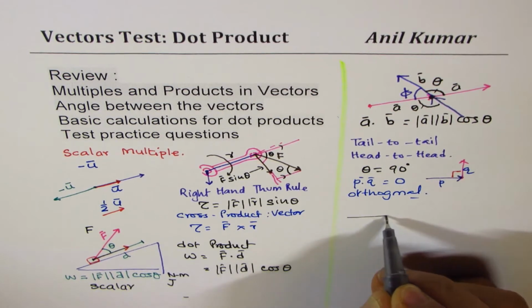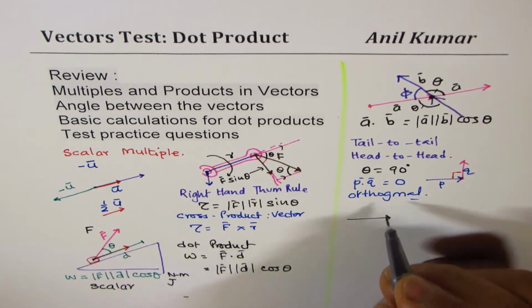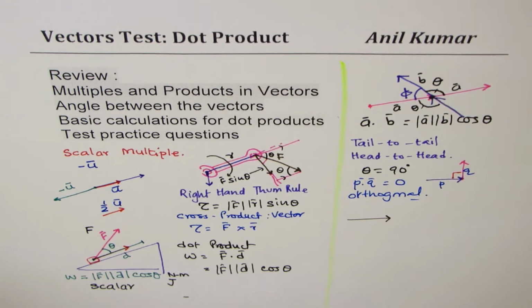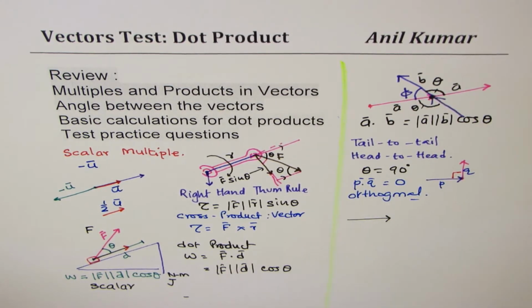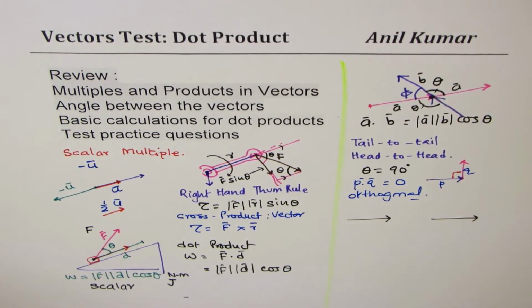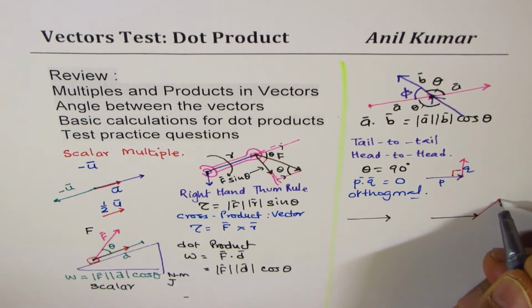For example, if I have a vector like this and the other one is opposing it, as we showed here. What I'm trying to say is, let's consider these two situations. Now here I have another vector which is helping it, kind of like this. Do you see that?